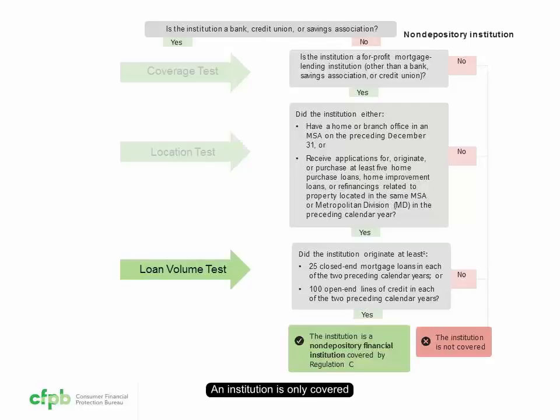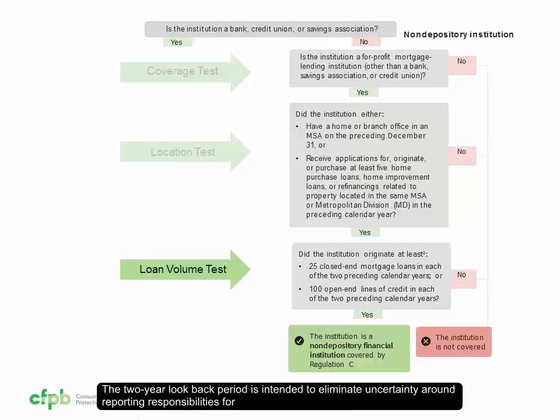An institution is only covered if it satisfies a threshold for 2 consecutive years. We call this the 2-year look-back period. The 2-year look-back period is intended to eliminate uncertainty around reporting responsibilities for institutions that may have an unexpected increase in origination loan volume in one year, but not in the next.